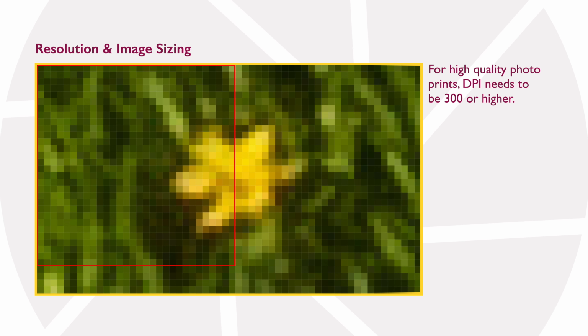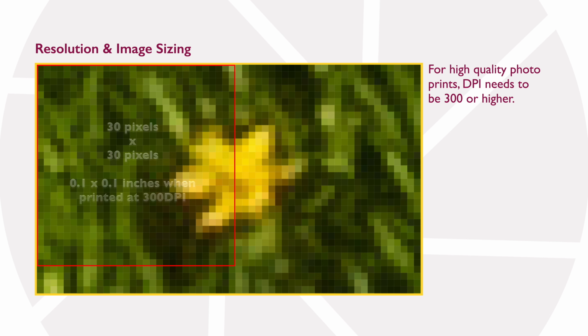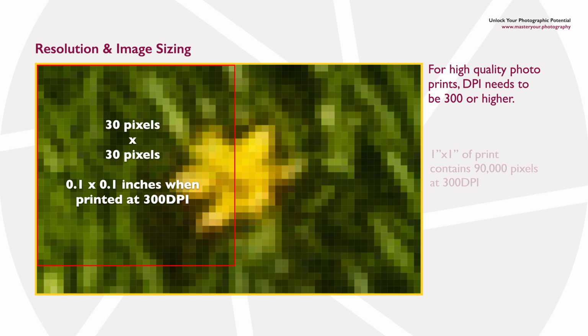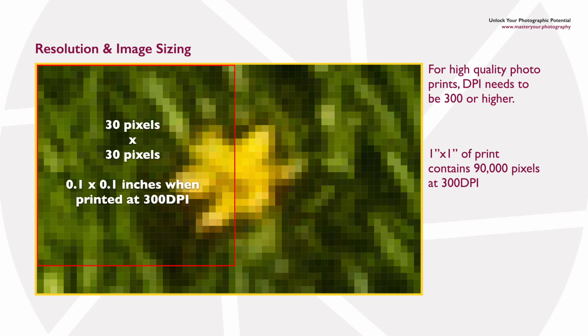So for high quality prints, your DPI is going to have to be 300 or higher. If you are producing images to display on a screen, then you can work with 72 PPI, that's points per inch. You can see here that we have a square within our grid. This is 30 pixels wide by 30 pixels high.